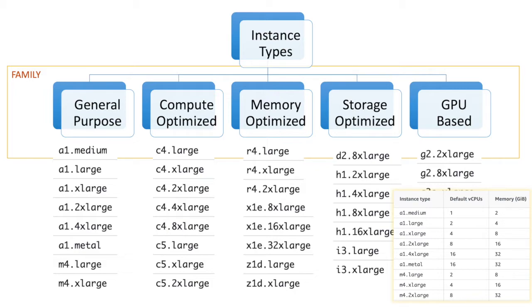Twice again, twice again. So this is very important because your money also is defined in a linear fashion. Okay, so if you are paying like 10 euros for A1 medium, you are going to pay 20 euros for A1 large. So more or less it has the same multiples. Important to note the linear relationship.